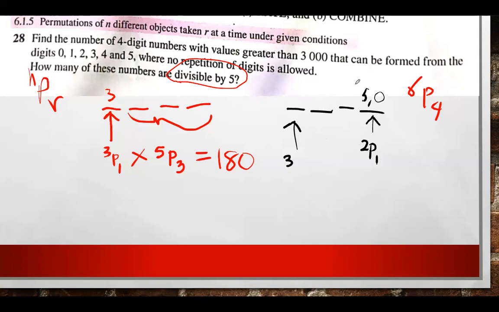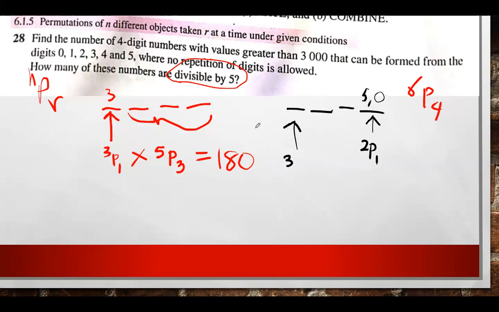But this brings a problem to us, and this is where this question becomes difficult. We can put number 5 here and we can also put number 5 here. You see the problem here? The number 5 is actually in both conditions. So that gives us a problem.